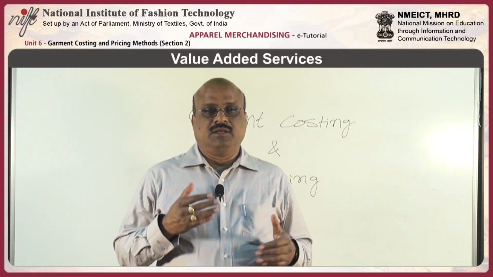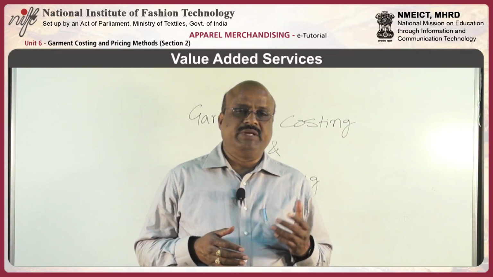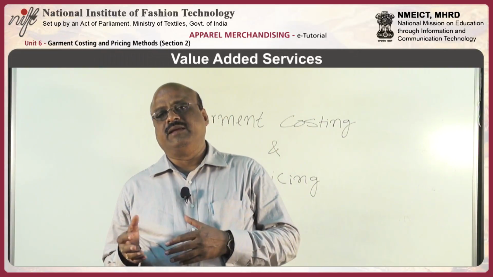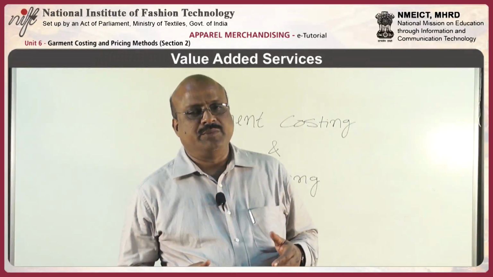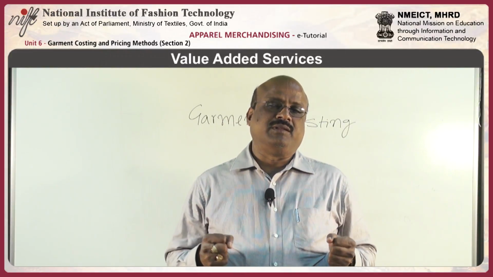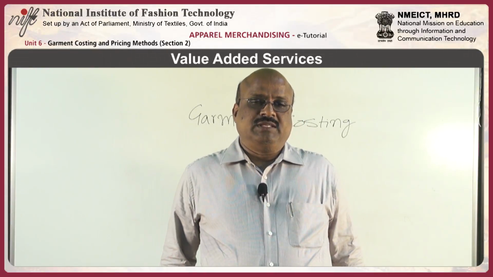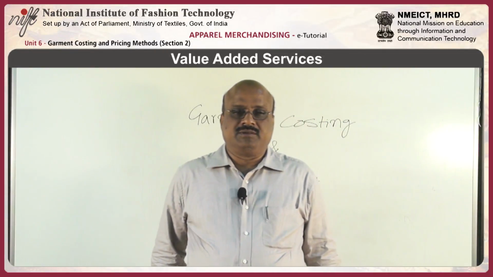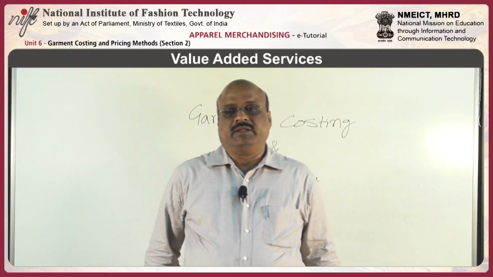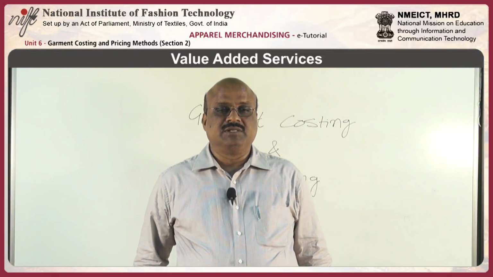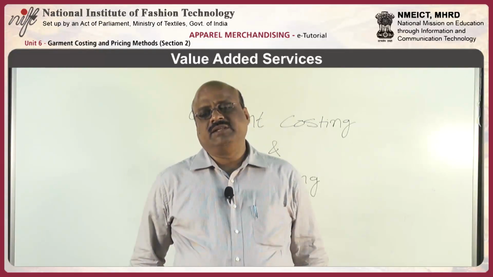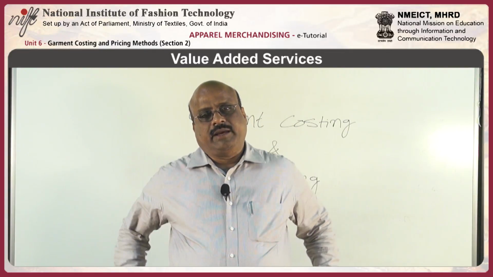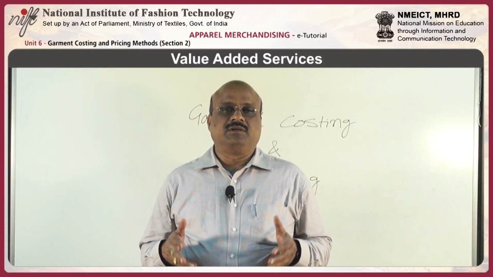So it could be embroidery, it could be printing, it could also be washing. All these things would impart the type of garment that the buyer is looking for. So these are associated with the cost of the garment manufacturing. Then there can be wet processing chemicals, washing, and contracted operations. Ultimately all these expenses have to be accounted for and included in the garment costing.